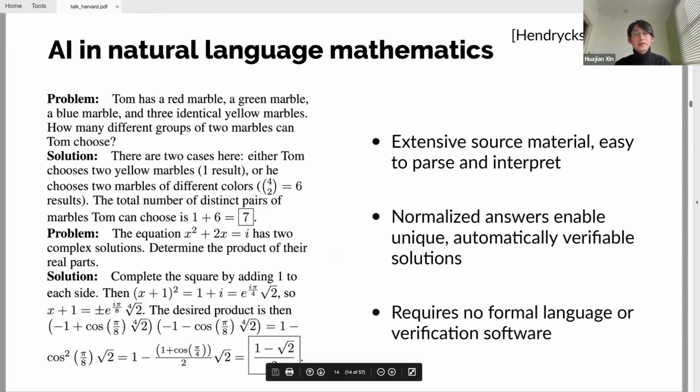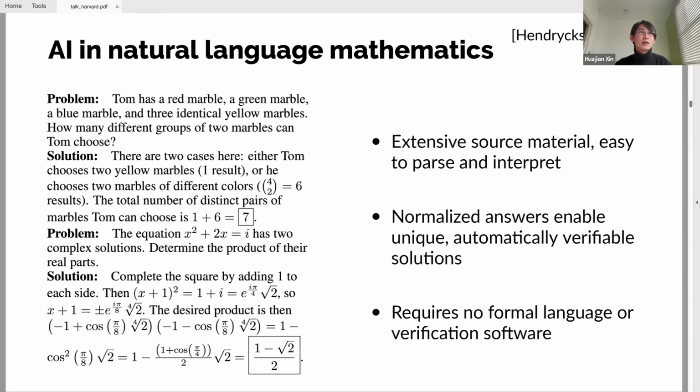Consider the MATH dataset. That is a popular dataset and a standard benchmark for training and evaluating language models in natural language math. It is human readable and can be compiled from broad sources, with accuracy assessed based on whether the final answer matches the expected result after some normalization.